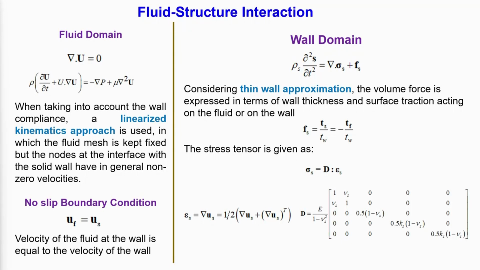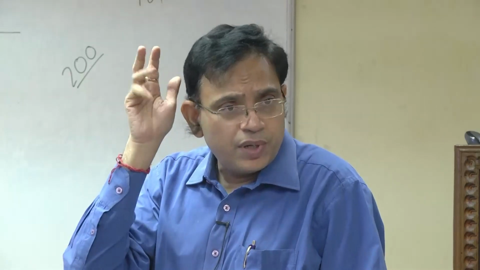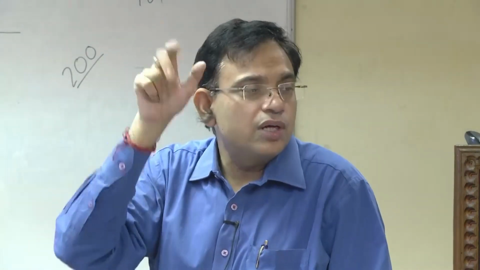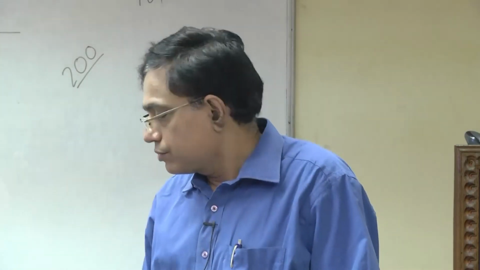So, it is linear elastic, and for fluid this is Newton's law of viscosity. You may argue that blood is a non-Newtonian fluid, so why Newton's law of viscosity? For large arteries that approximation is not that bad. So, always keep in mind that for large arteries it is the elasticity of the artery that should be your main concern, and for small blood vessels it is the non-Newtonian nature of the blood.